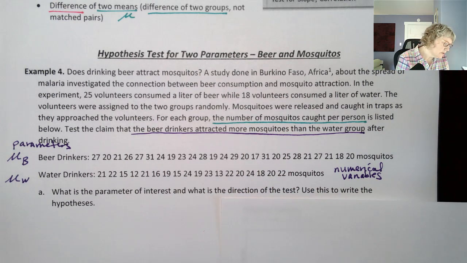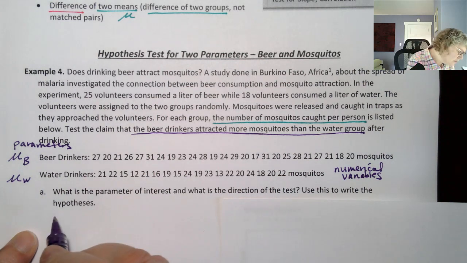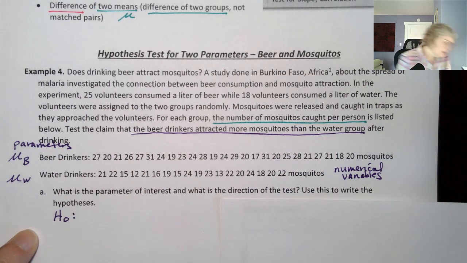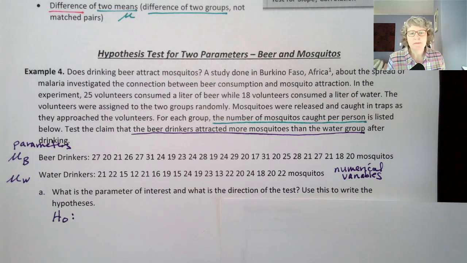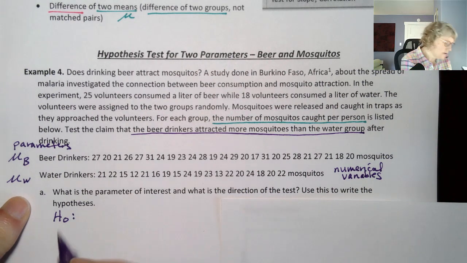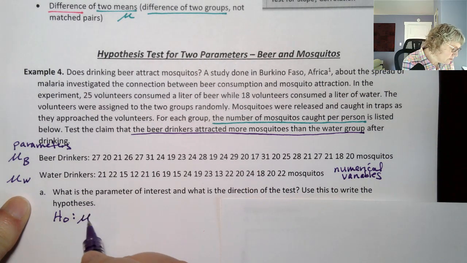Okay, so the parameters for the null, well, the way we set up the null in a comparison of two groups is that there's no difference between the groups. There's no difference between drinking beer and water in terms of attraction of mosquitoes. Okay, so I'm going to write that they're equal to each other. Mu for the beer is equal to mu for the water.